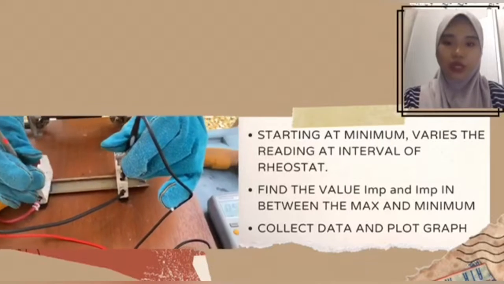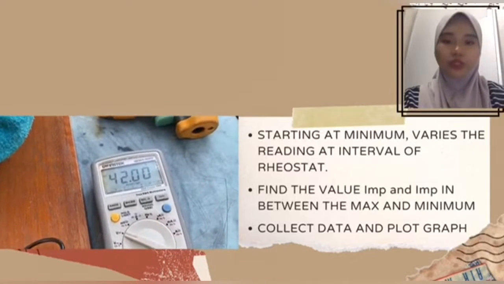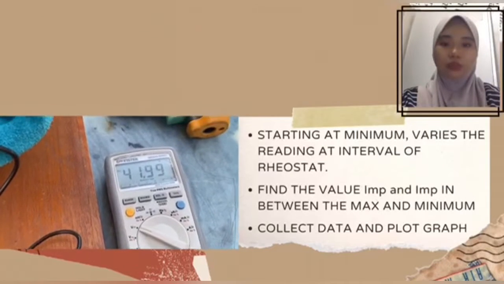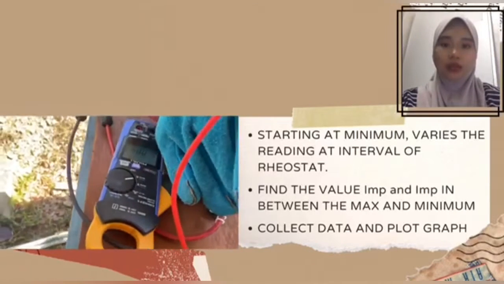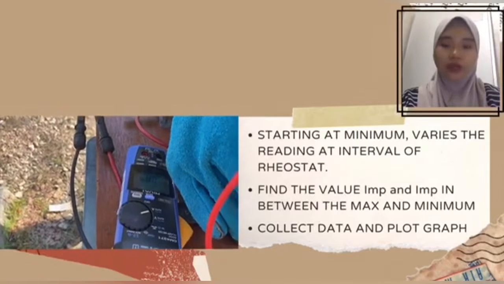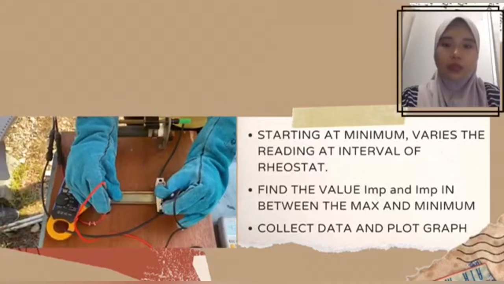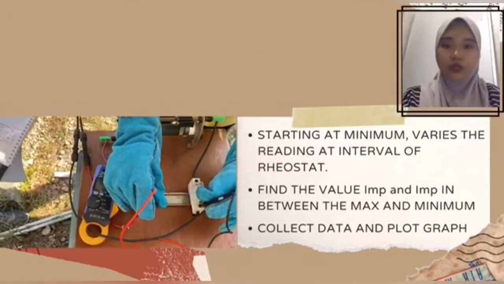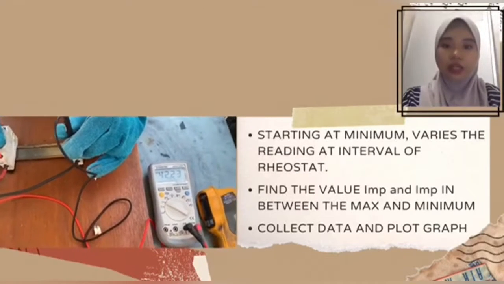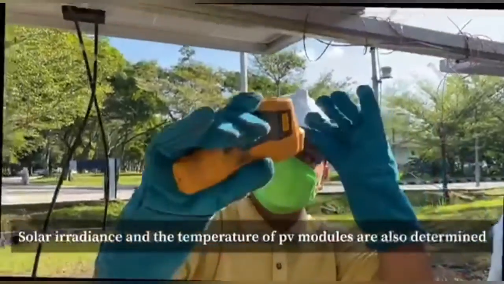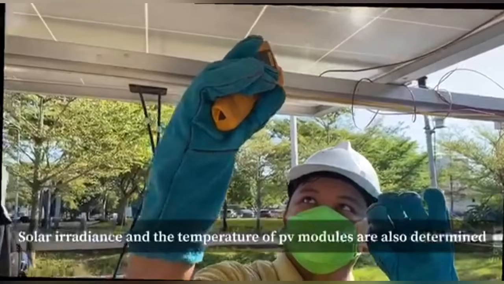In order to do that, we move the rheostat through various positions from the minimum to the maximum. After that, we record every reading, collect the data, and then plot the graph. Solar irradiance and the temperature of the PV module are also determined.